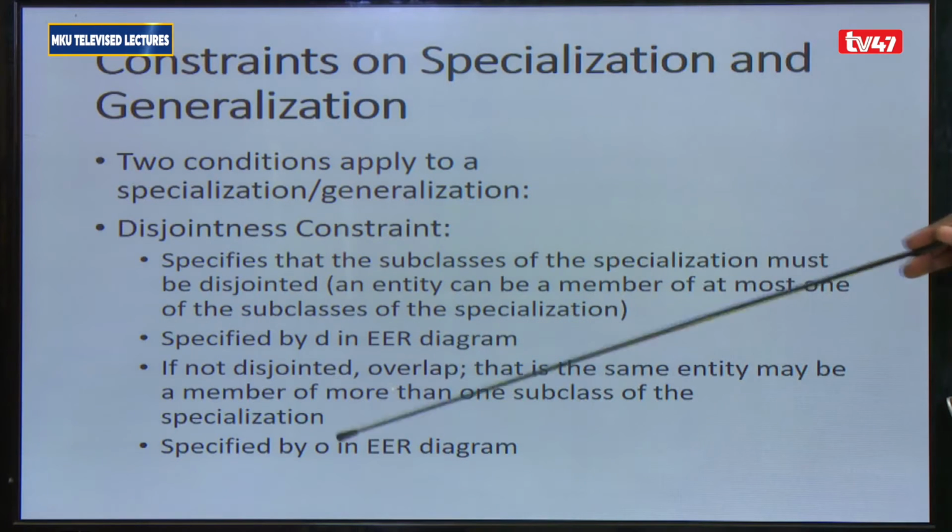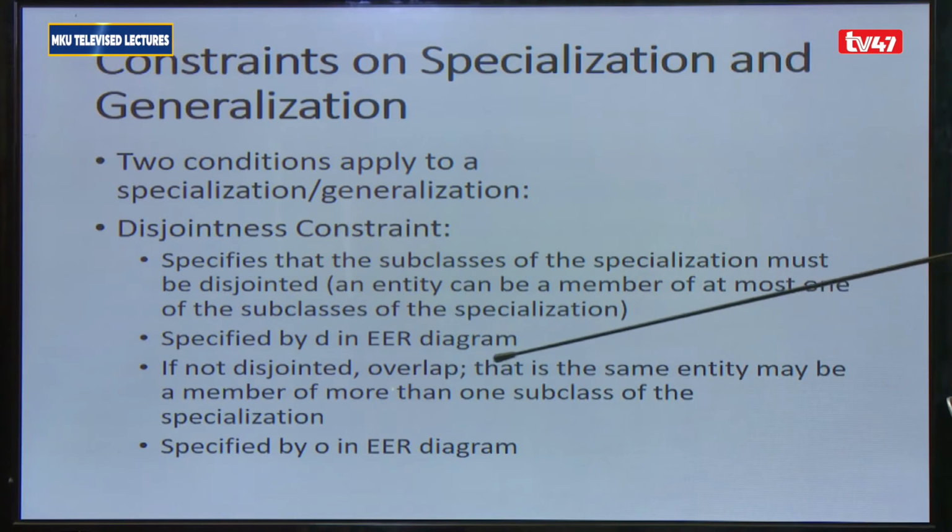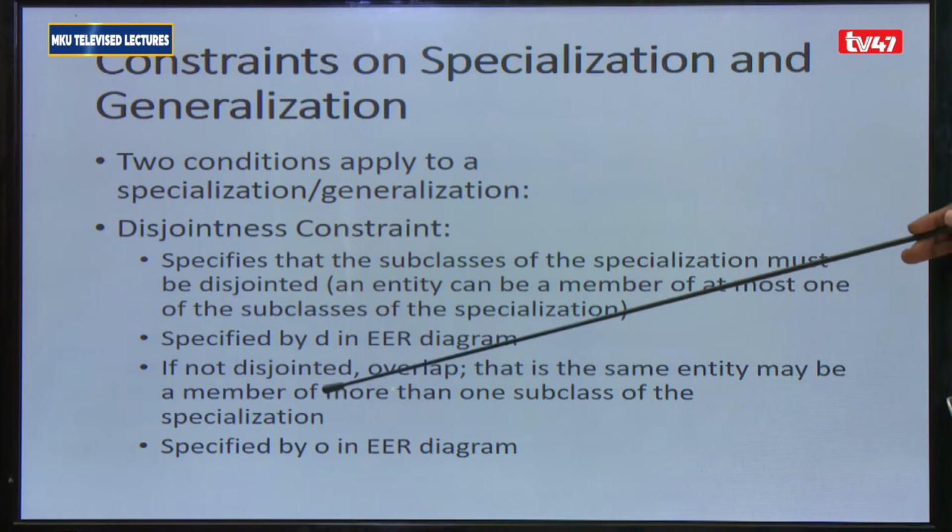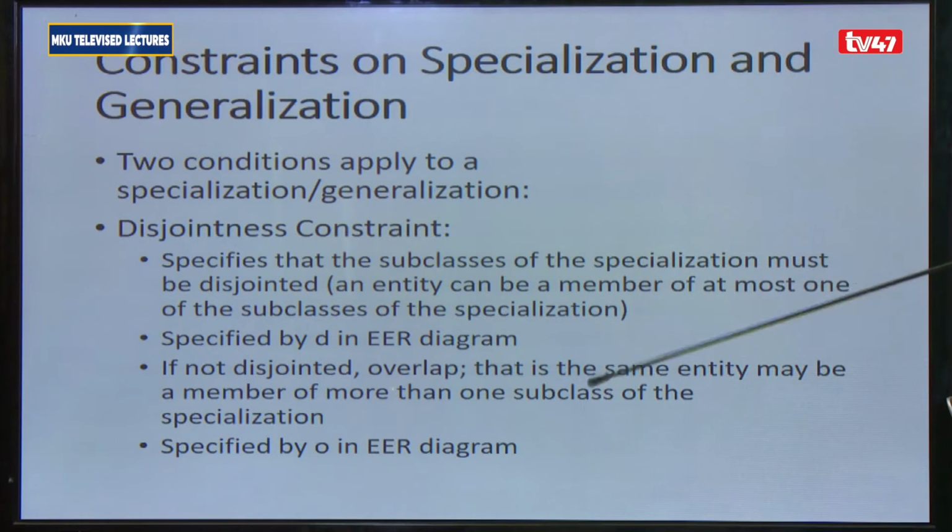If not disjointed, overlap, that is the same entity may be a member of more than one subclass of the specialization, and this is specified by an O in the EER diagram. So remember, there are two symbols that we are using in this case.